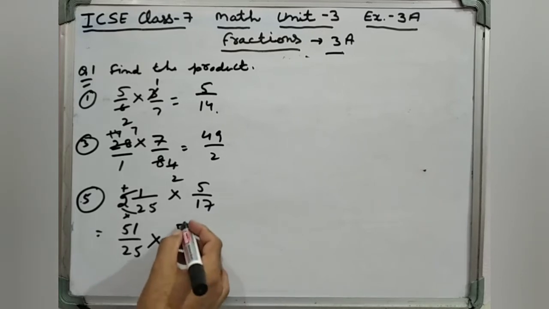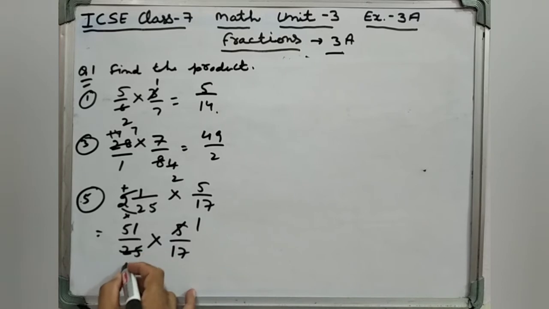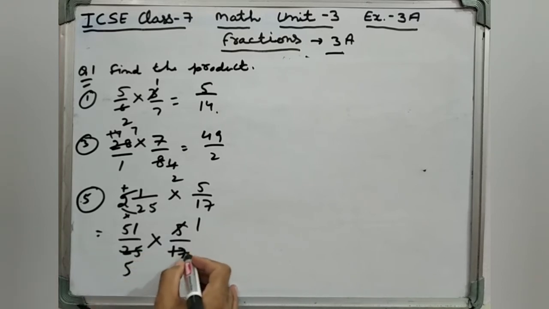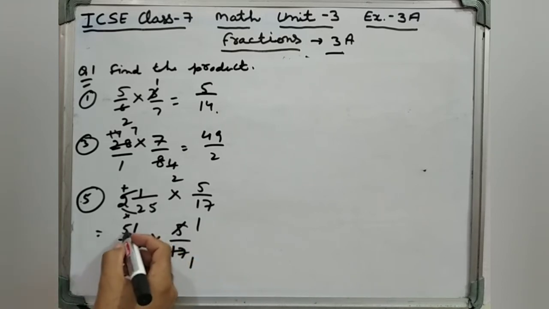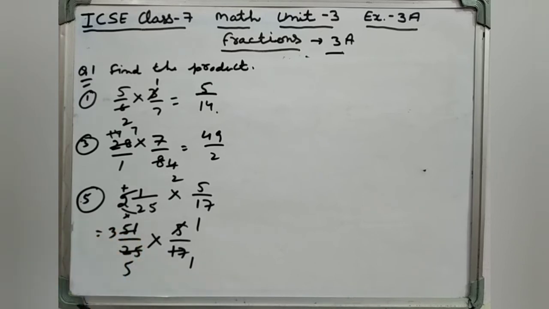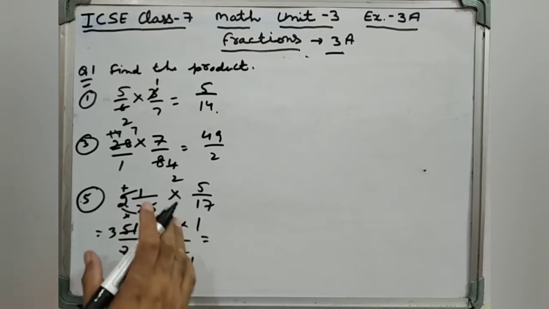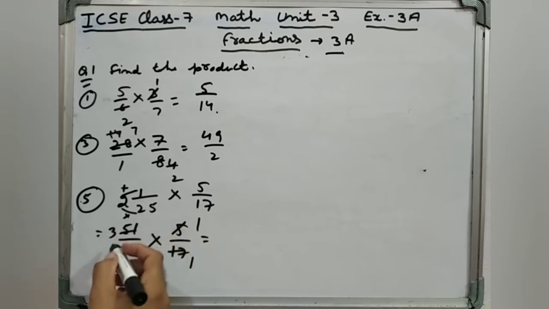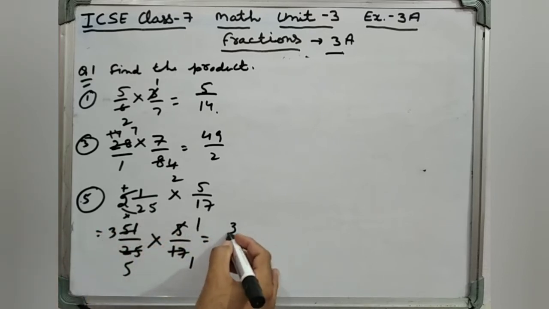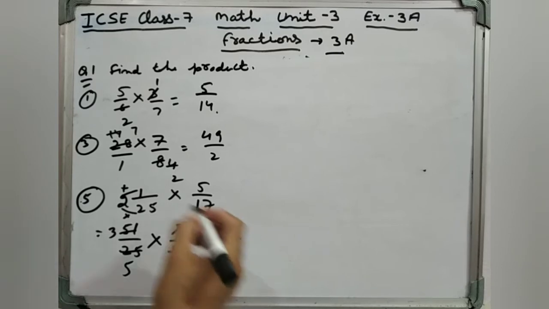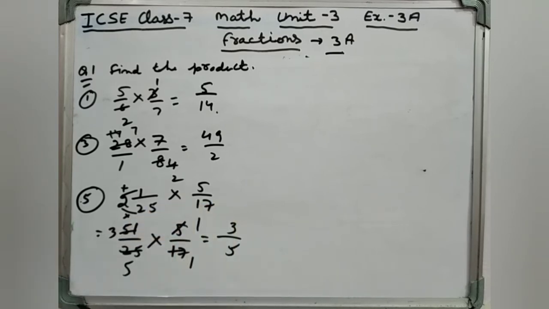Now make it more simple. 5 1s are 5, 5 5s are 25, 7 1s are 7, 17 3s are 51. Now it can't be made more simple, so the product of numerators: 3 1s are 3, 5 1s are 5, right?